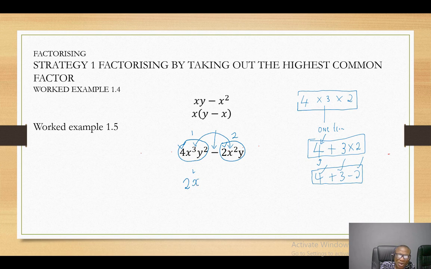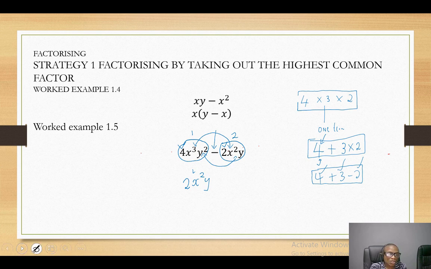Yes, x cubed and x squared have a common factor of x and also the common factor of x squared. So I'm going for the highest, which is x squared. What about y squared and y? Y squared and y, its common factor is y. So surely the highest common factor here is 2x squared y.